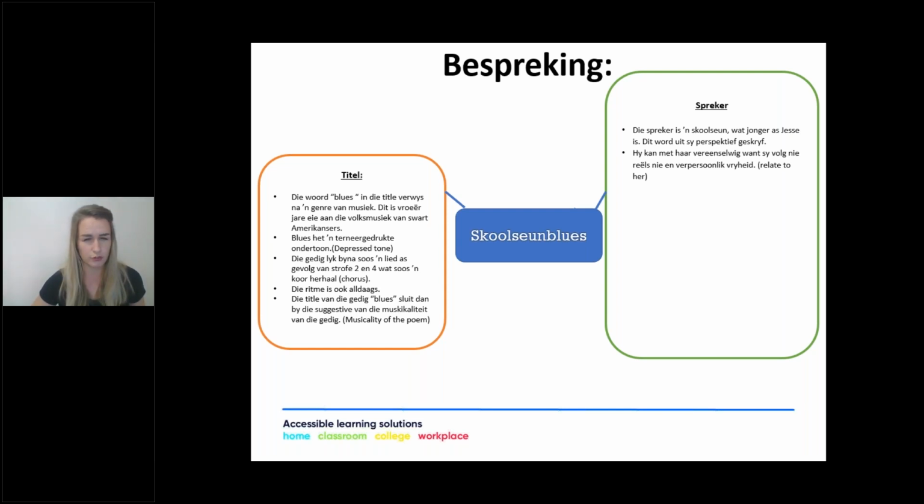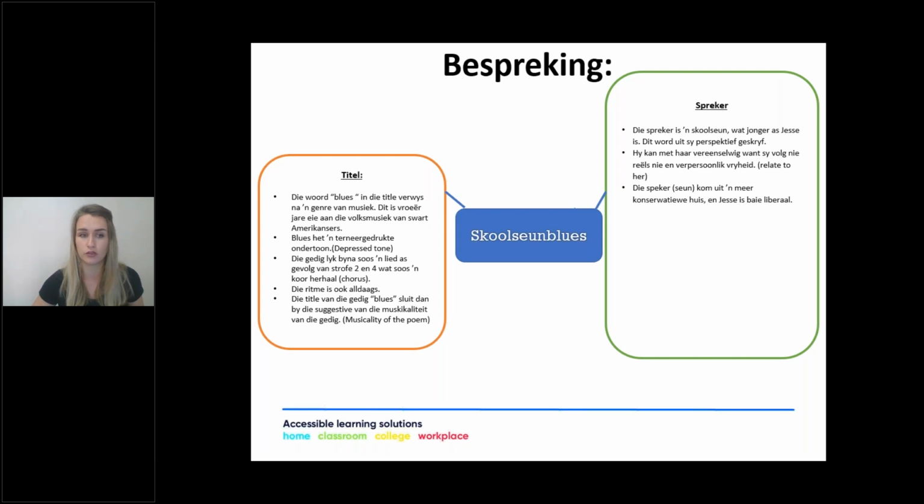Jessie is a girl. I hope that you picked up on that. He can relate to Jessie because she is the personification of freedom, en sy volg nie reëls nie. She doesn't follow rules. Die spreker, the boy, is from a more conservative house than Jessie.